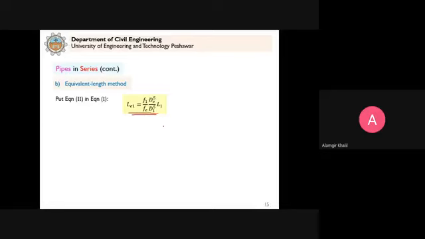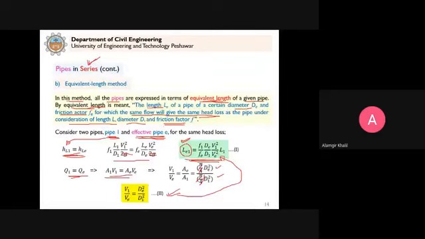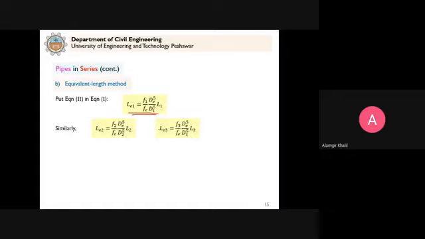So now instead of the velocities here, instead of this velocity here, this one, we just put this here. Now we get this expression. Similarly, if you proceed, we will get LE2 and LE3 and so on.